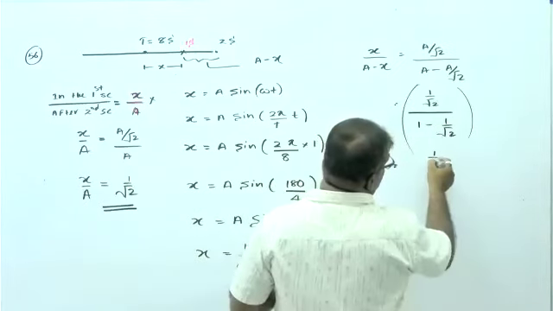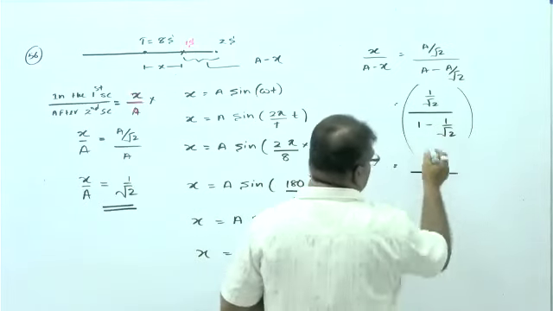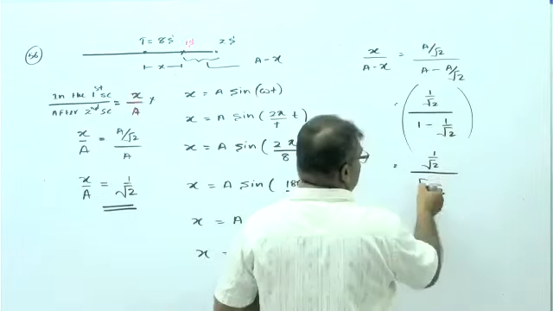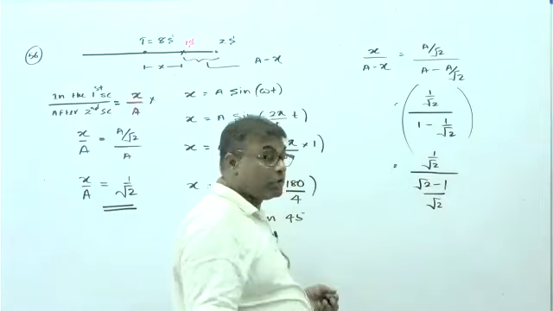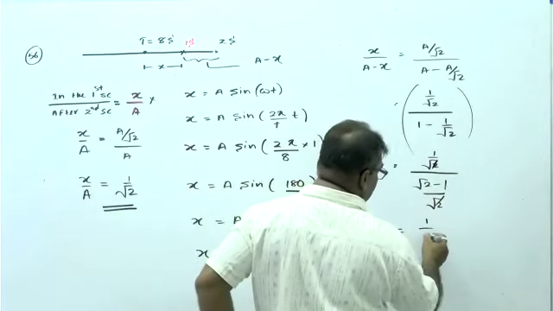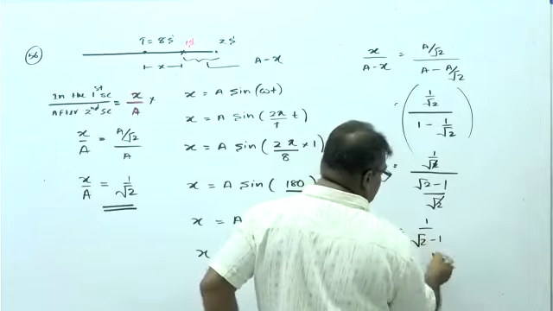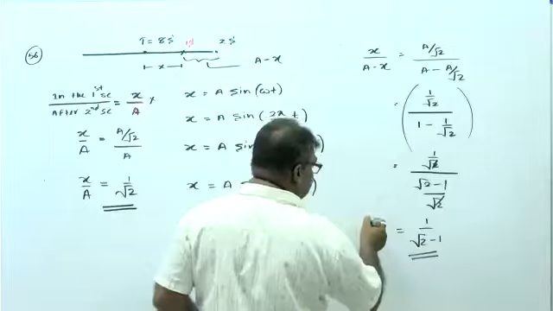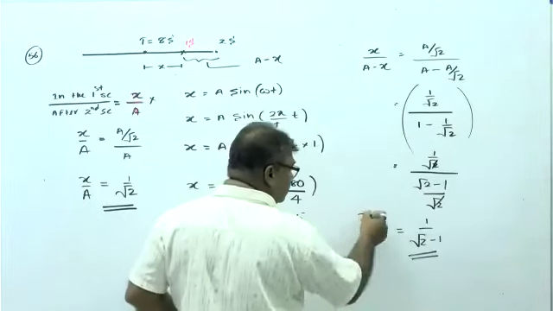Simplifying 1 over root of 2 over its common denominator root of 2: root of 2 minus 1. Okay, then root 2 cancels. It becomes 1 over root 2 minus 1. Read the question carefully. They need the distance in the first second, x.